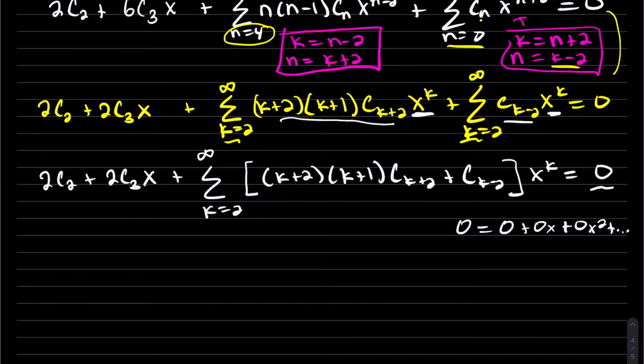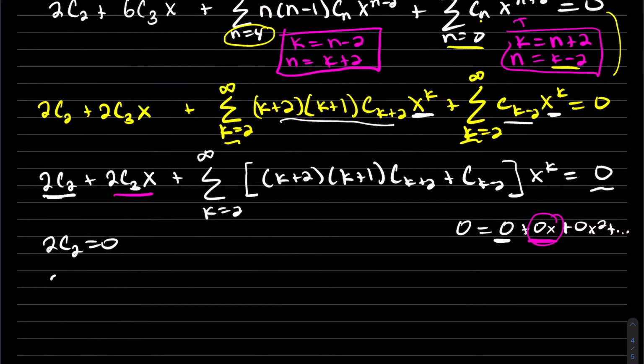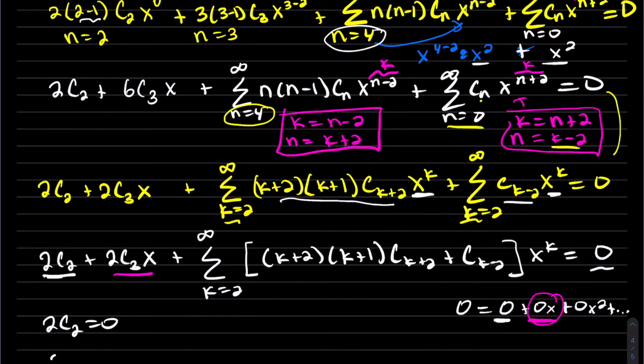So this means this constant is 0. So I can set 2c2 equal to 0. It also means that the coefficient in front of the x term on the right is 0, and here's my x term here. Good thing I caught that sooner, that's a 6, I just copied it wrong.